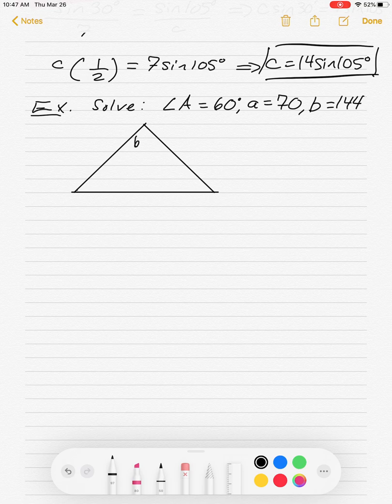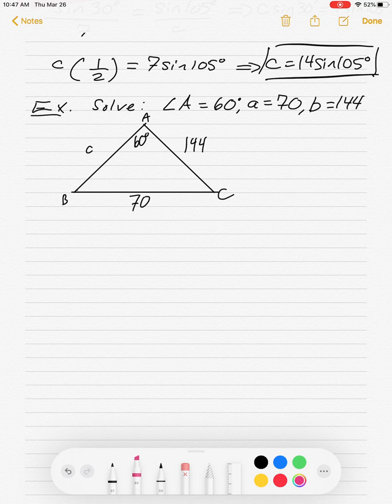Okay, so let's see, 60 degrees, 70 goes here, A, B, C. So what else do I have? I have 144, and then I'm missing side C.